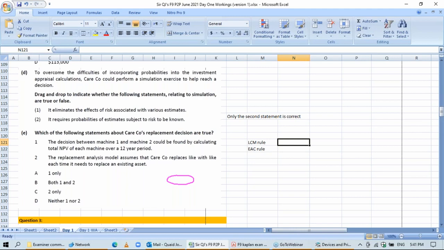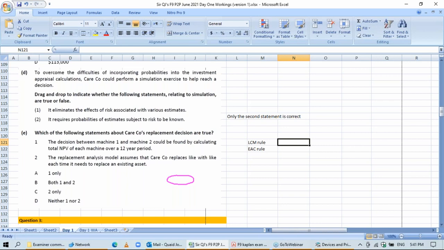For example, if you have a 3-year replacement time to be compared with a 4 years replacement time, what will be the LCM of 3 and 4? It will be 12. So we will calculate present value of 12 years in case of 3 years replacement and in case of 4 years replacement. For both, the time span will be 12 years.